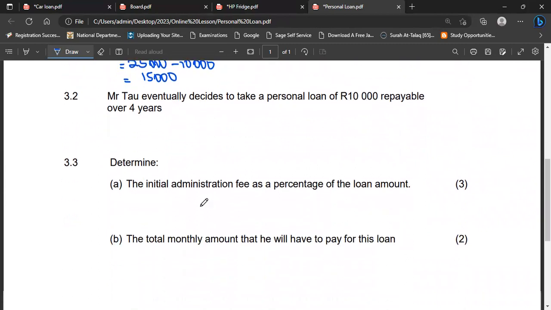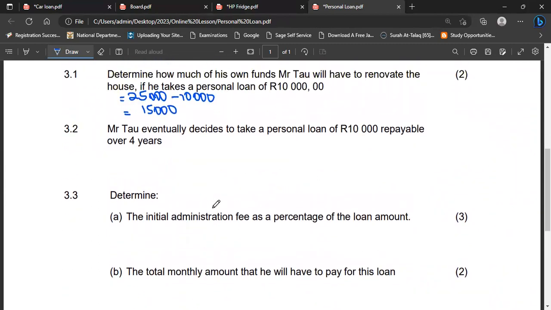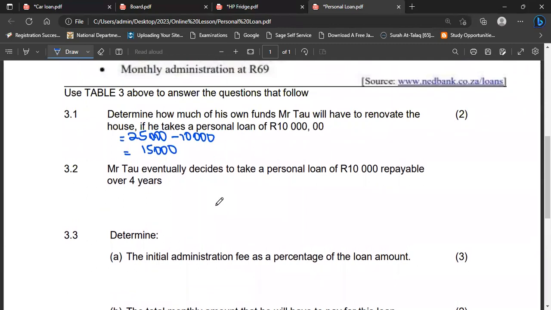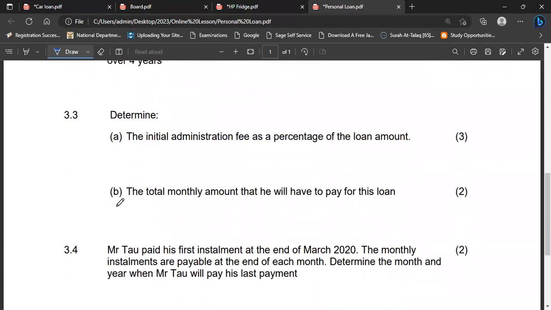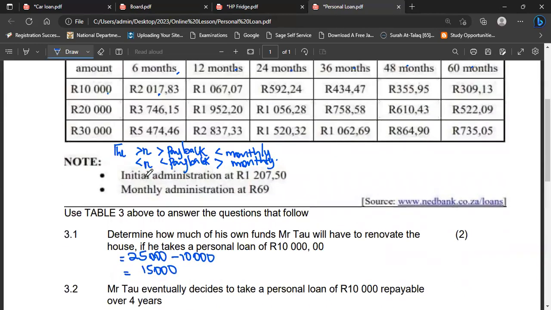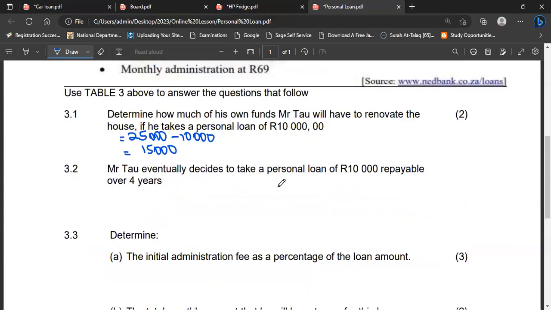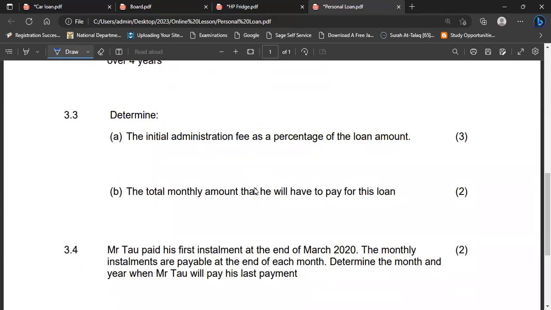So let's see. Determine number one, the initial admin fee as a percentage of the loan amount. We need to find out what the initial admin fee is. It's 1,207 rands 50 cents.